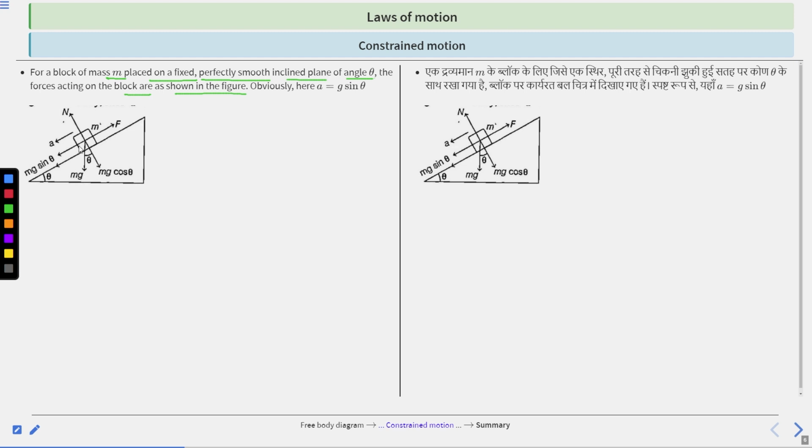So the forces acting on this block are, first, weight, and we resolve this weight: first mg sin theta, and second mg cos theta. For balance, there is a reaction which is N, and this is f, or we can say this is the frictional force. Clear? And the block is slipping down this inclined plane, so there is an acceleration. So this is the constraint motion.